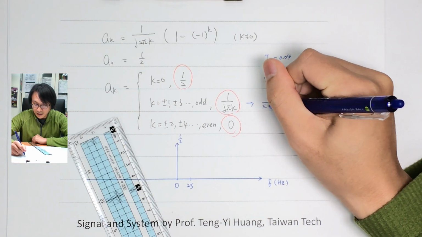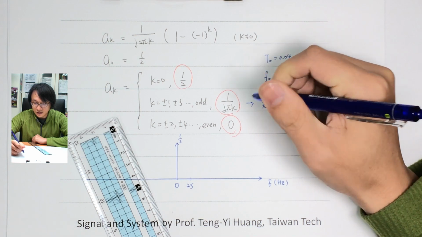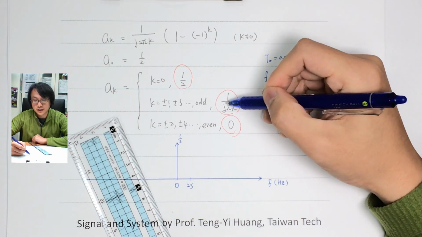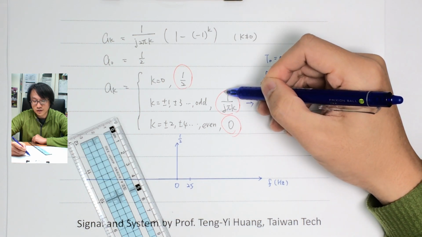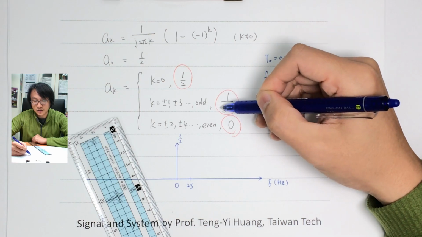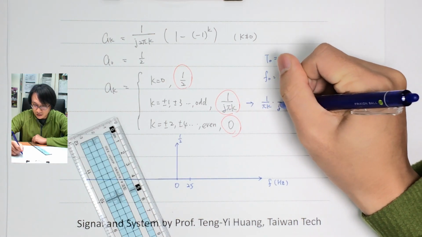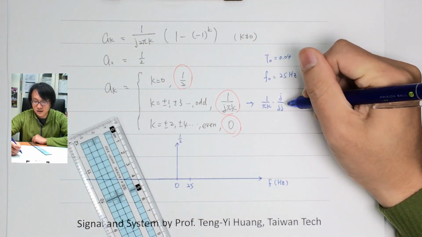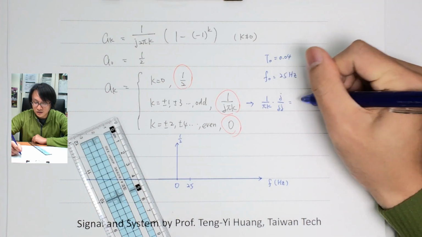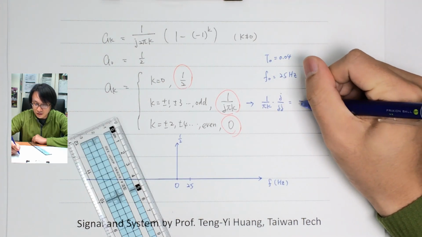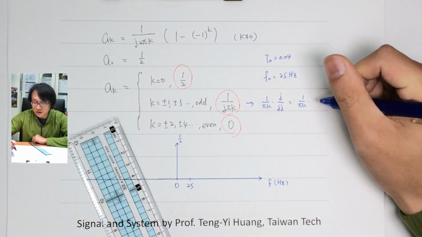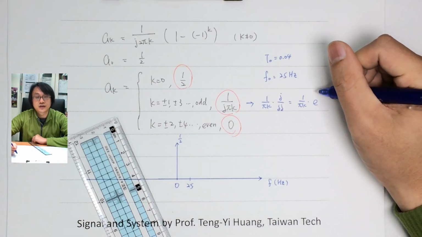It's 1 divided by pi times k times 1 divided by j. Multiply numerator and denominator by j, and you get j, which equals negative j. So it's a phase. The phase of minus j is minus 90 degrees.